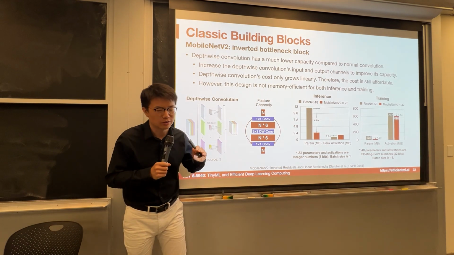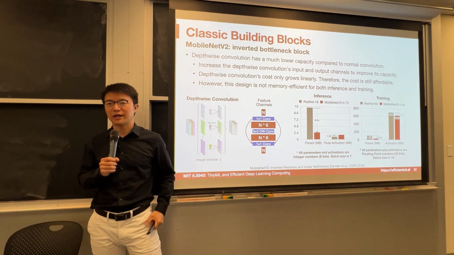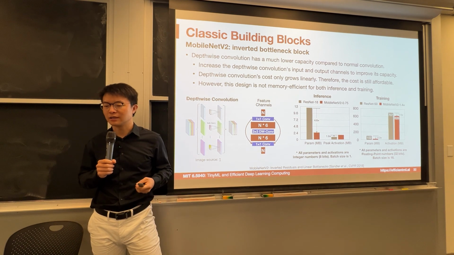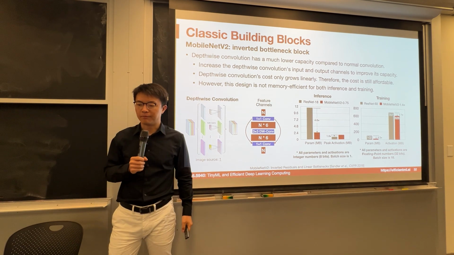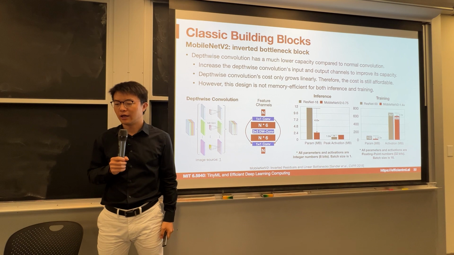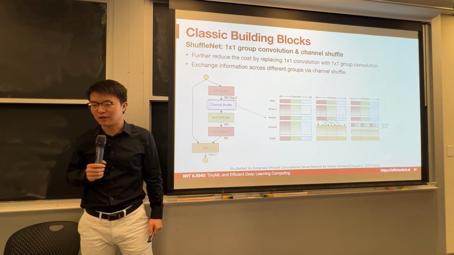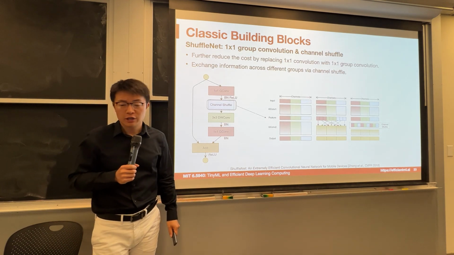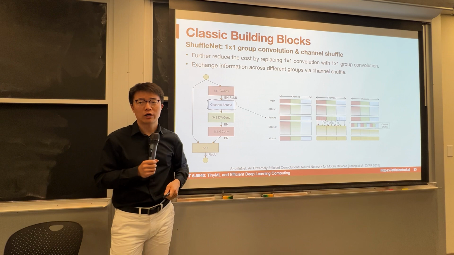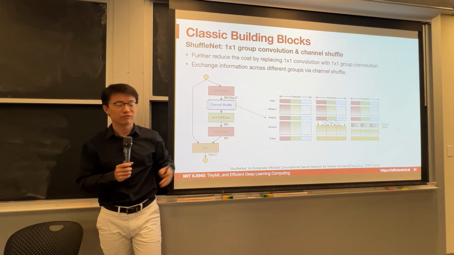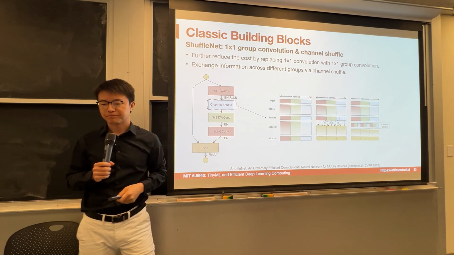So there's never the best of both worlds. That is a consistent thing we have to deal with in neural network design. It's hard, but all right. So people continued to explore what is a good trade-off and invented ShuffleNet.